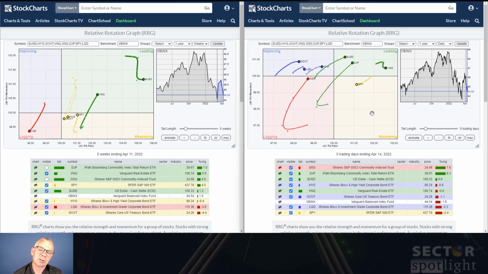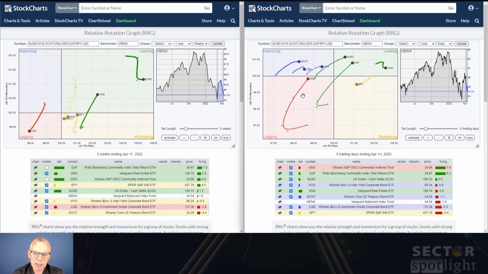But as you can see on this daily RRG, they have fairly long tails and they're traveling in the right direction. The daily RRG is now once again starting to confirm the strength on the weekly. So we're going to take a look at their charts later on to see if we can find anything in the price chart that helps support further strength in commodities.